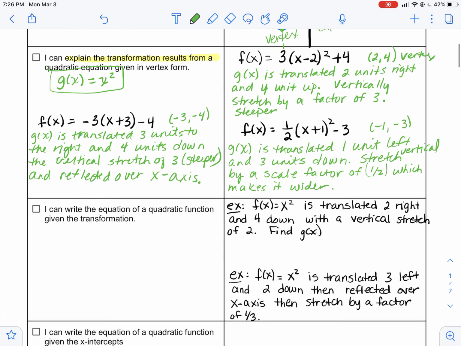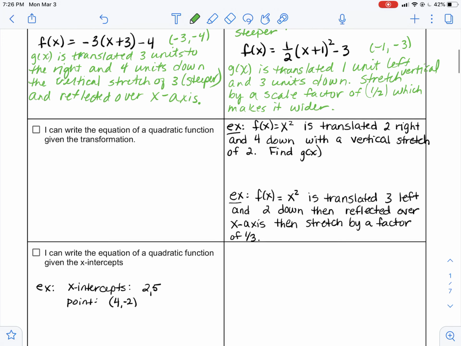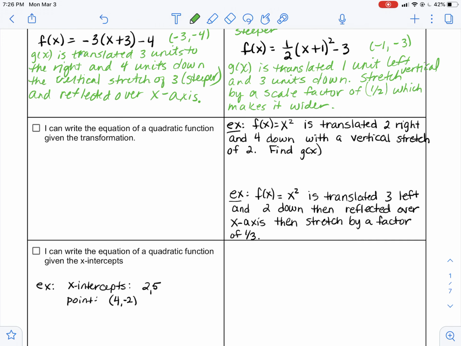Now, the next is the reverse. I'm going to describe it, and you need to write the equation. In this case, our original x squared is our f of x, and we want to find what g of x is after we move it.